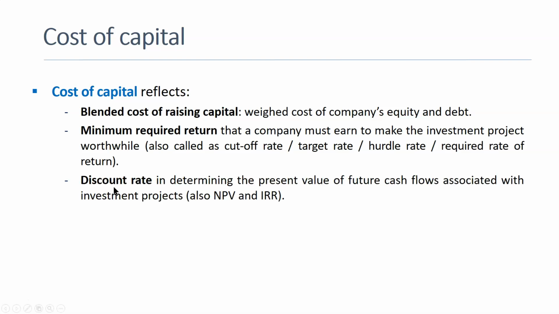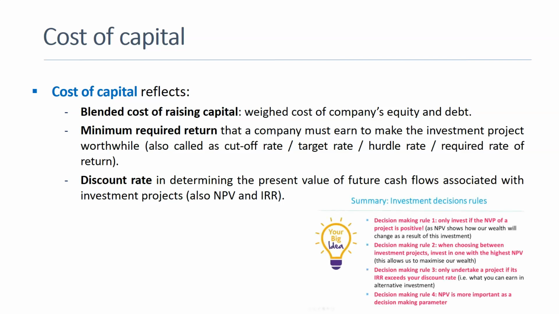In other words, the cost of capital shows the discount rate for determining the present value of future cash flows associated with capital projects in the investment appraisal process, and the minimum return that the project must achieve. If you recall previous videos on investment appraisal techniques, we've calculated projects' net present value and internal rate of return in order to evaluate whether the project is worthwhile, whether it's worth pursuing.